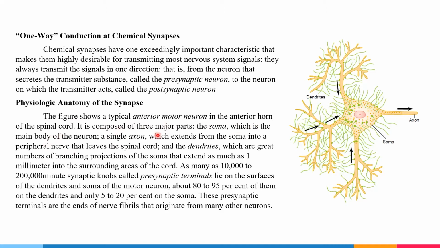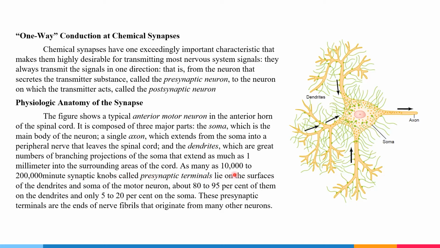It is composed of three major parts: the soma, which is the main body or cell body of the neuron which houses the nucleus; a single axon which extends from the soma into the peripheral nervous system and leaves the spinal cord; and the dendrites, which are the great numbers of branching projections of the soma that extend as much as 1 millimeter into the surrounding area of the cord.